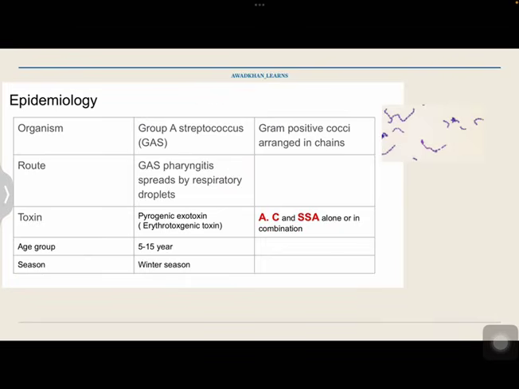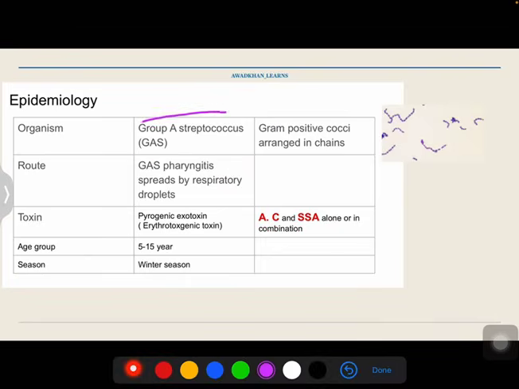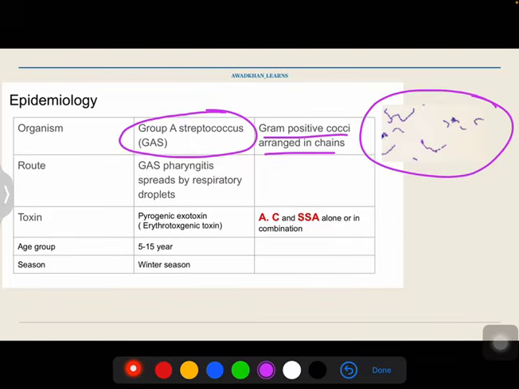Organism causing scarlet fever is group A streptococcus, which is gram positive cocci arranged in chains. This image shows gram positive cocci in chains, and it spreads by respiratory droplets.